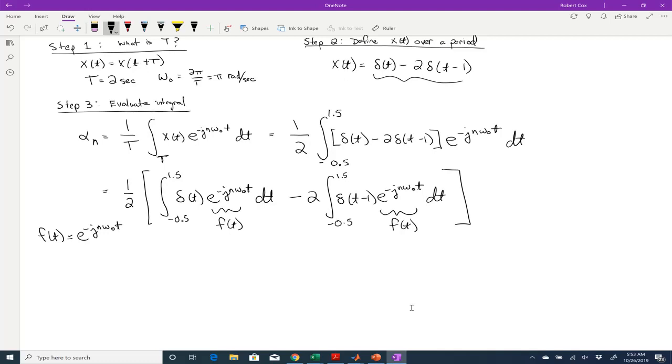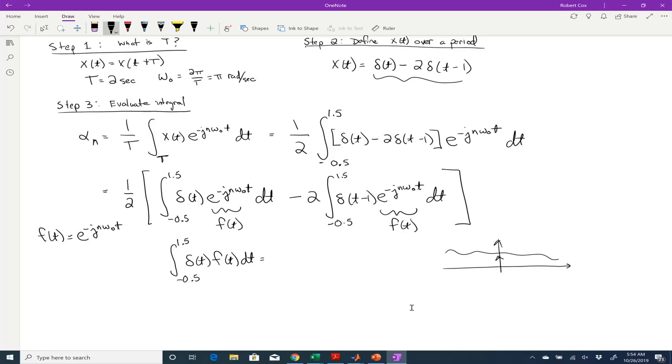And so what we said is if I take an integral, in this case negative 0.5 to 1.5 of delta of t times f of t dt, that's like saying, let's say f of t is some function that looks like this, and then I have the impulse here.